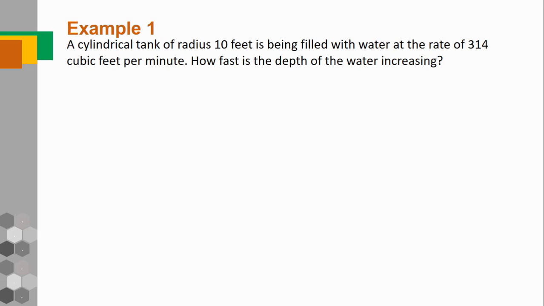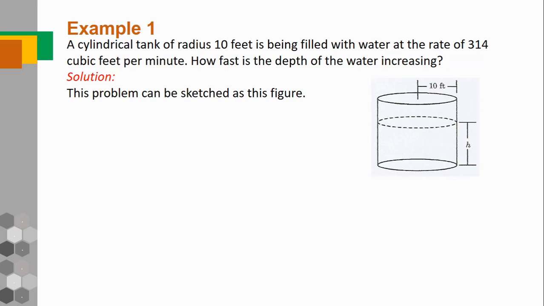A cylindrical tank of radius 10 feet is being filled with water at the rate of 314 cubic feet per minute. How fast is the depth of the water increasing? So first, let's draw a sketch of this problem, which is shown by this figure.